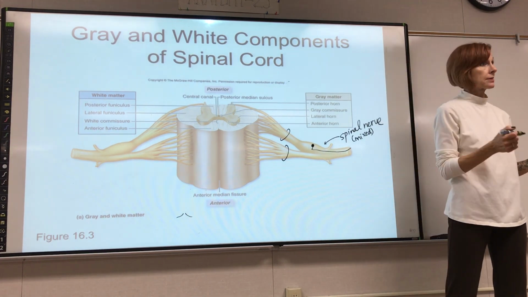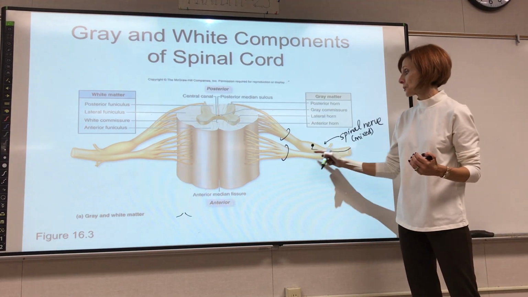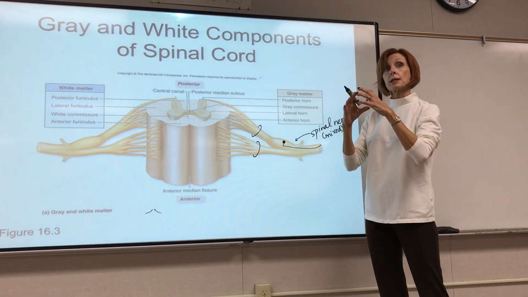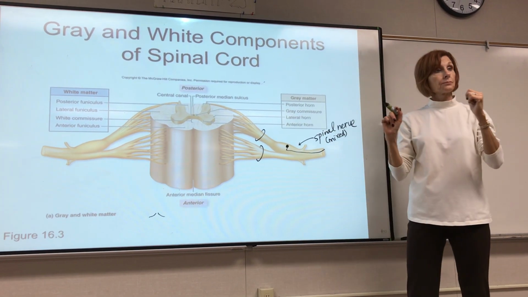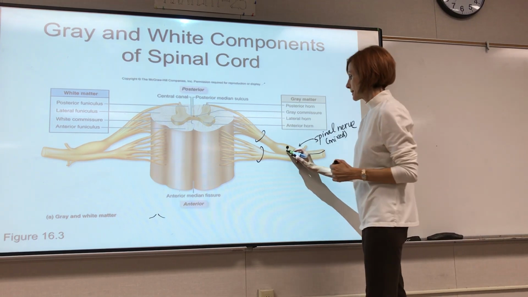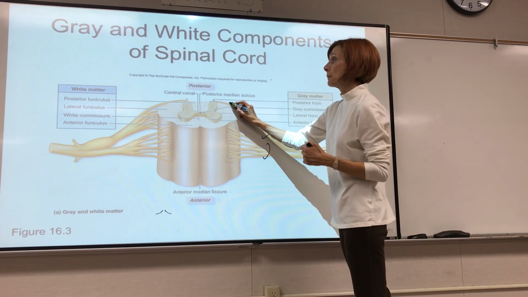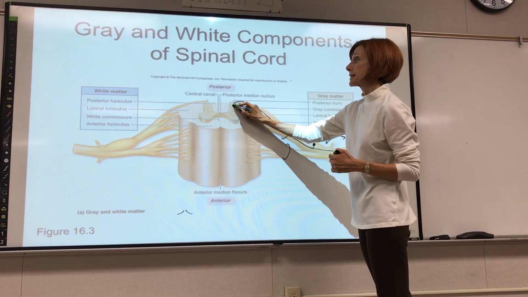Remember, we have to stick the cell body somewhere. It's going to be in this structure here. Do you remember what a collection of neuron cell bodies in the PNS is called? It's a ganglion. Now that axon is going to come into the spinal cord. Remember we said that the posterior horn is sensory.